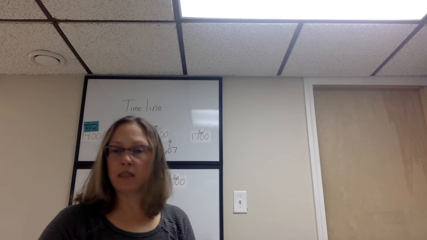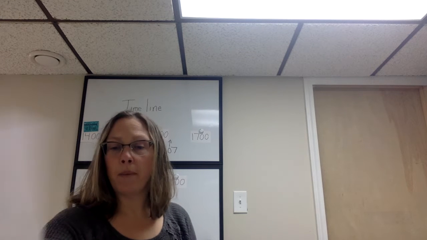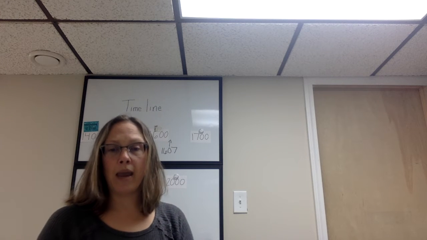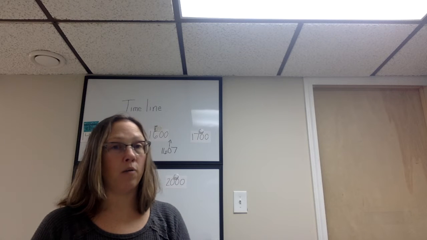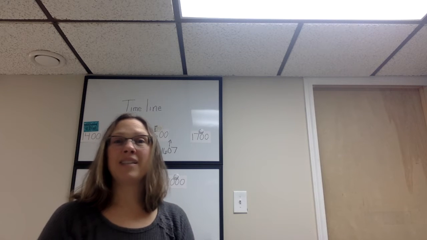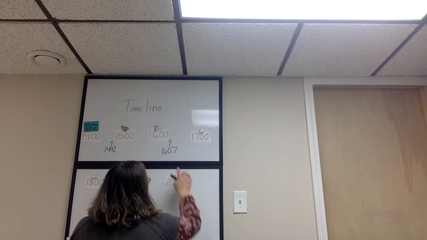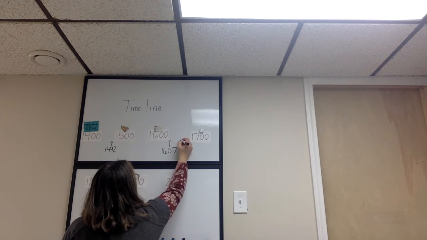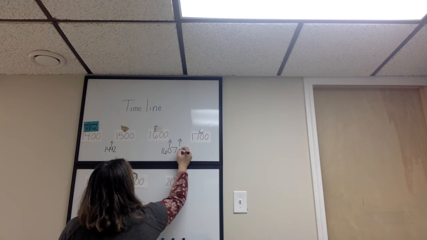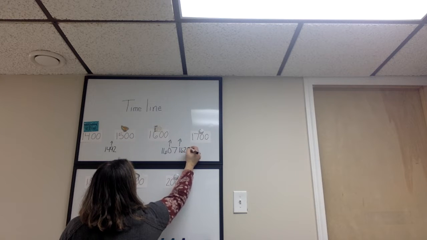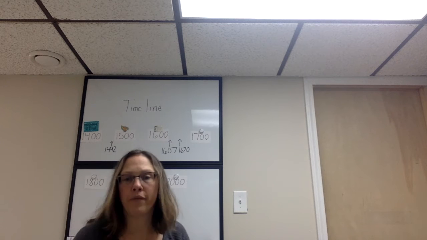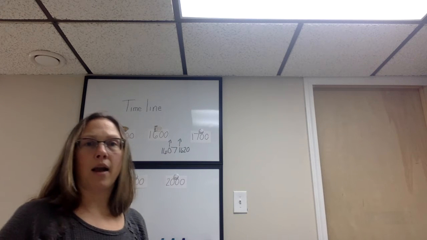In today's story, the Pilgrims came over on the Mayflower in the year 1620. So we're going to add a new plot on our timeline, 1620. So now we have three plots on our timeline.